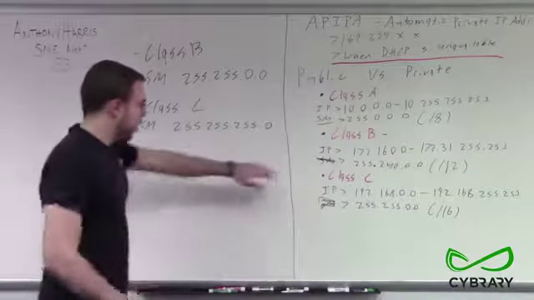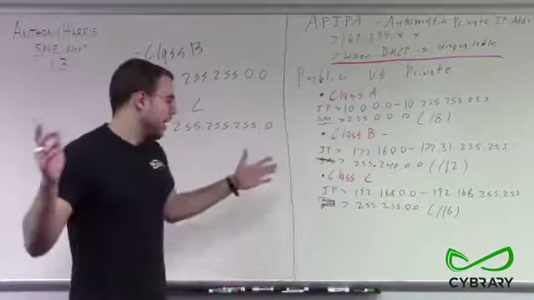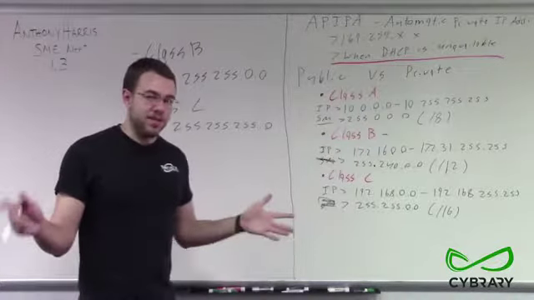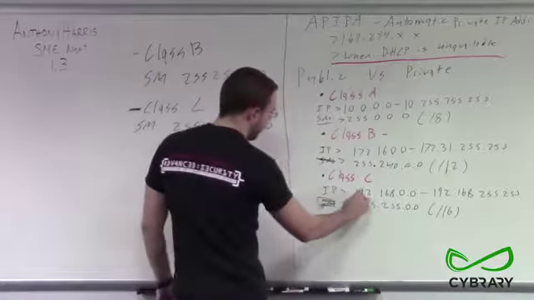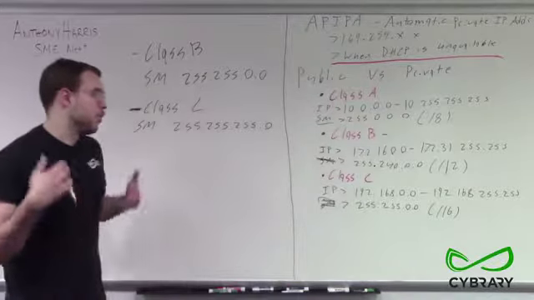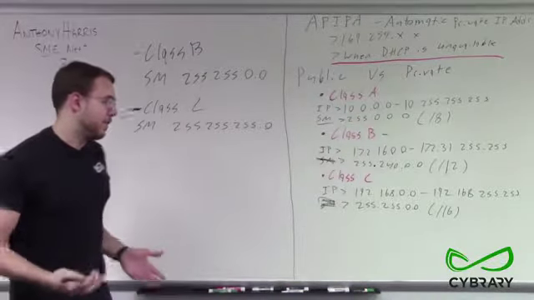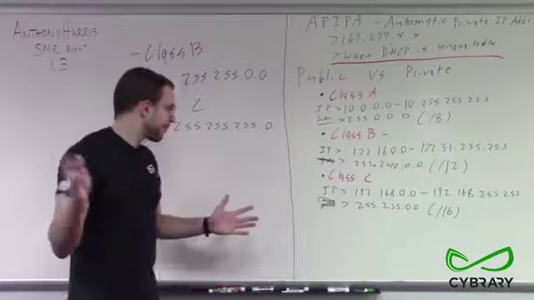So we're looking at all the potential private IP addresses that we can use, anything from 192.168.0.0 through 192.168.255.255.